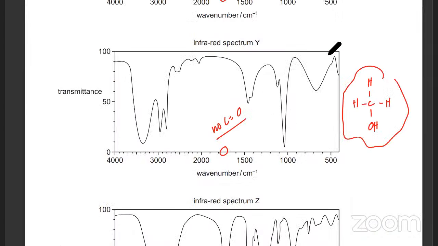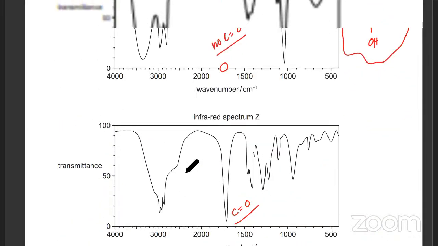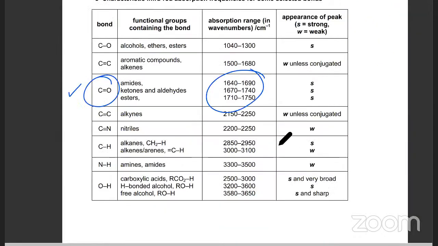Anyways, the next part: when you get a strong broad absorption in the 3000 region, what is this strong broad absorption? That's the OH of the carboxylic acid, specifically around the 3000 mark.